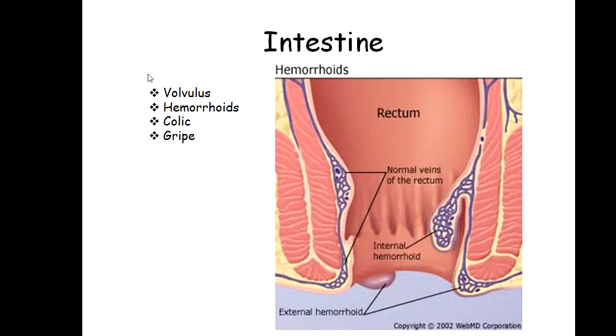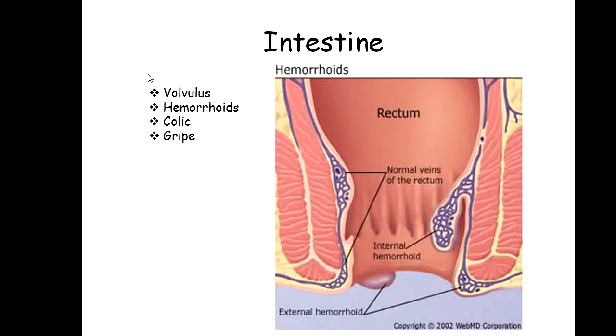That is called volvulus. This leads to obstruction of the small intestine, and this usually happens in small kids and babies due to abnormal movement on the ground during the crawling process. So this is one of the conditions in children and babies.